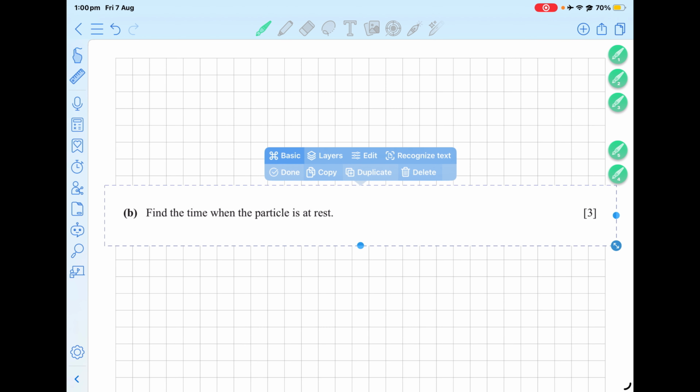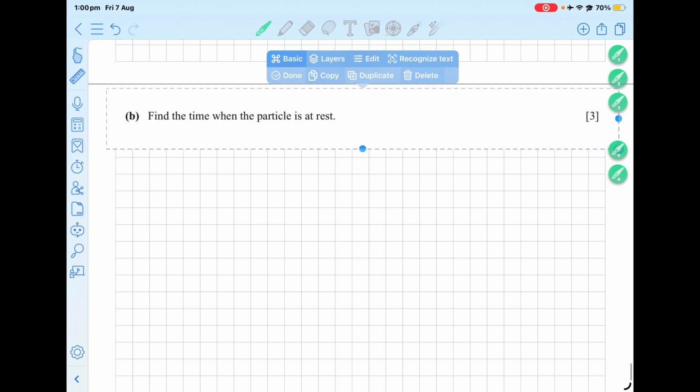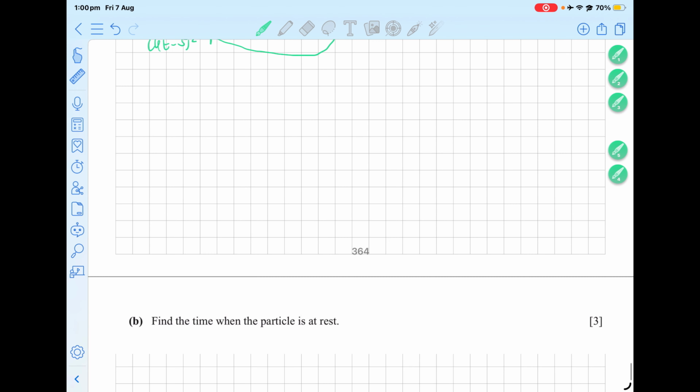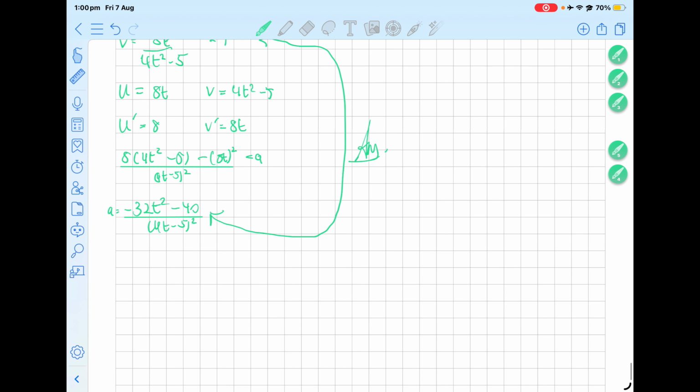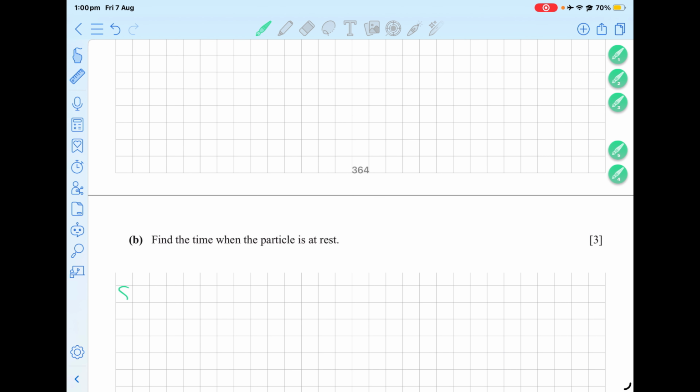What is the time when the particle is at rest? Basically when v equals 0, so we're finding when 8t equals 4t squared minus 5. So 4t squared minus 8t minus 5 equals 0. Let me grab my calculator.